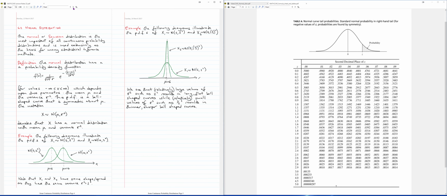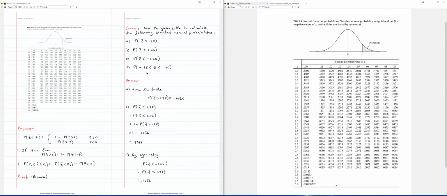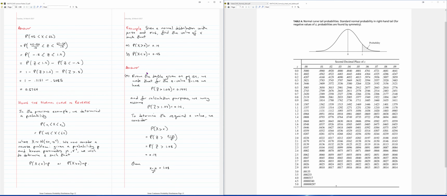What's going to happen when you do that is mu is going to go to 0, and sigma is going to go to 1, right? And part of the conversion, because it's a substitution, is the substitution that you're going to use, this over here.